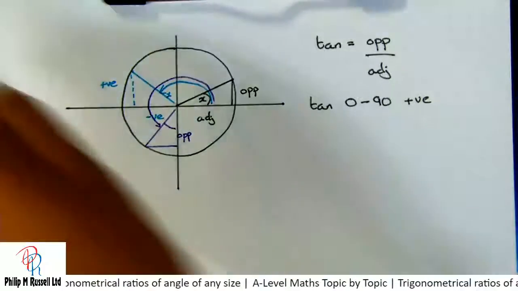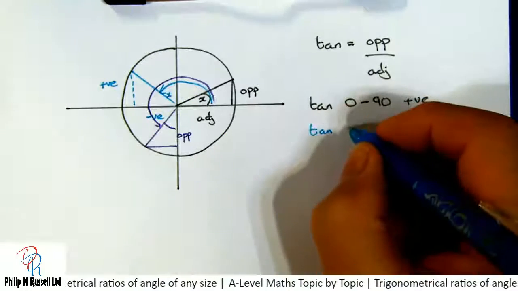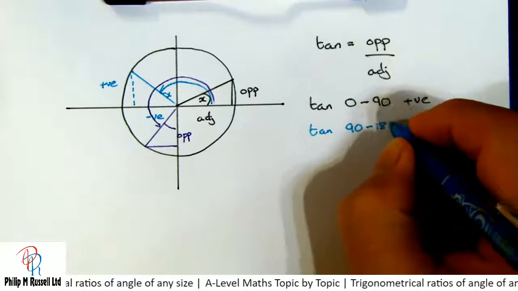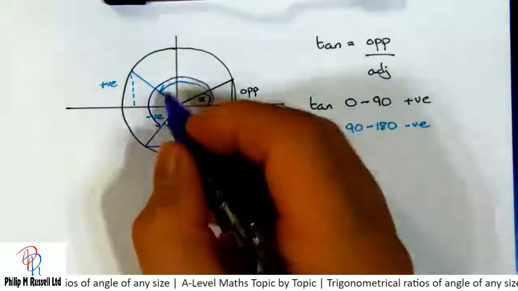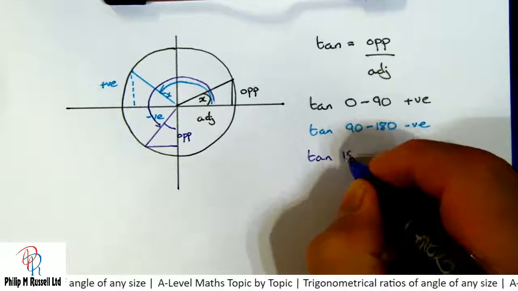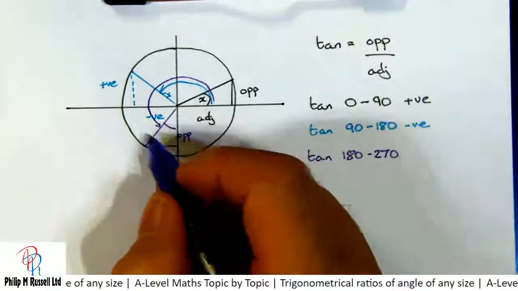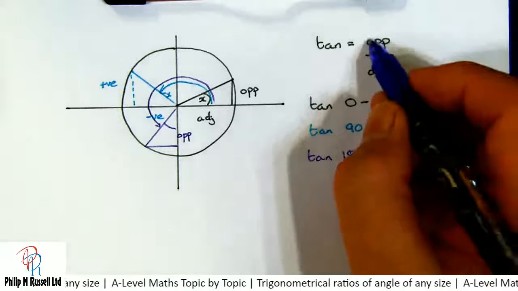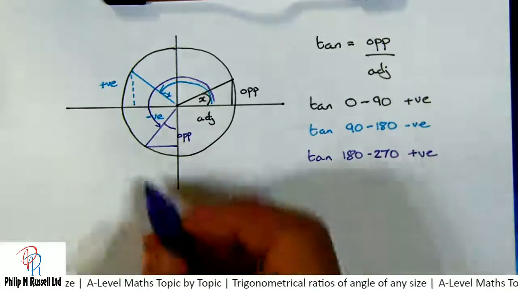So let's just write this down. We've got the tangent here of 90 degrees to 180 degrees, and this is negative. And we're finding that when we get round here, the tangent of 180 degrees to 270 degrees, both numbers are negative. And if we've got both numbers negative, then our answer is going to be positive.